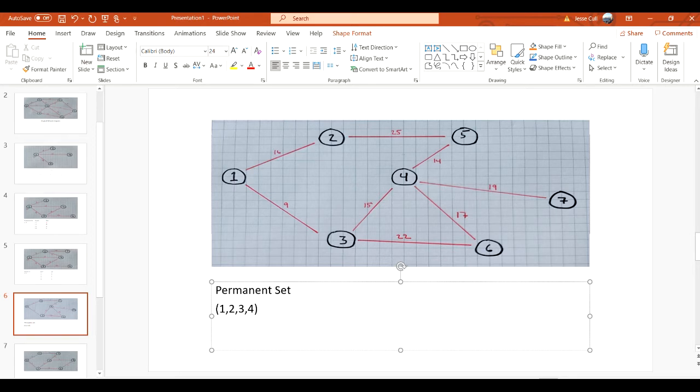Here we go over branch 2-5, branch, and time. So what branches have we not covered? The first one is 2-5, wasn't covered. From branch 3, what wasn't covered? 3-6 wasn't covered.